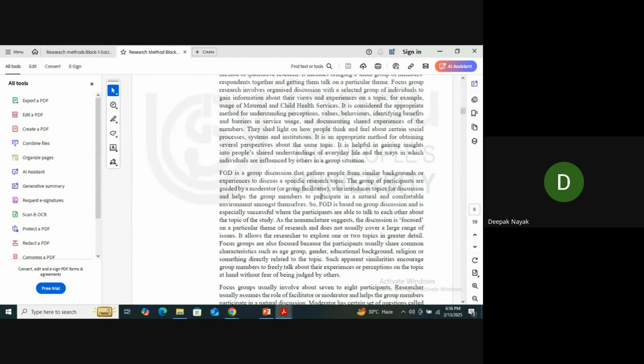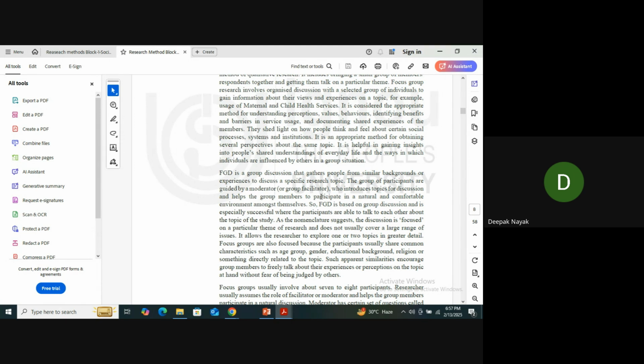Very often it depends on the problem you are studying. If you are studying education, you take the criteria according to that. If you are studying health, you take the group accordingly.